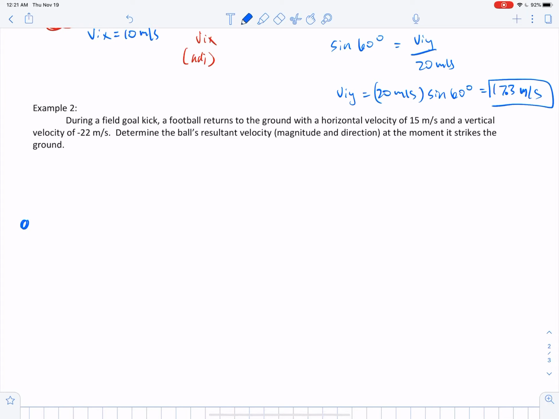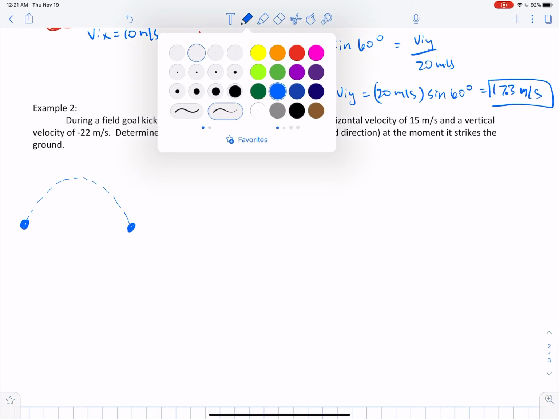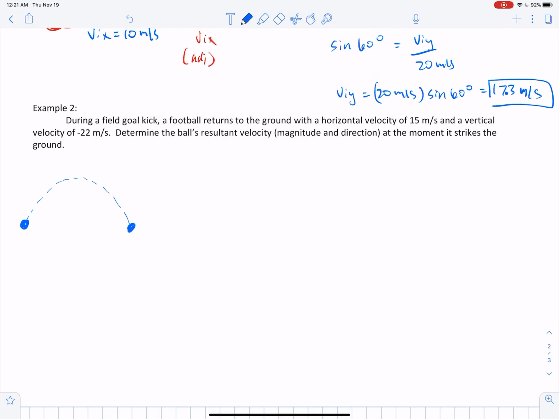So the football has been kicked up and it's returning back to the ground here, and this is the moment that we're considering, okay? So at this moment, the football has this velocity here, which I'm going to call V final, and it has components.